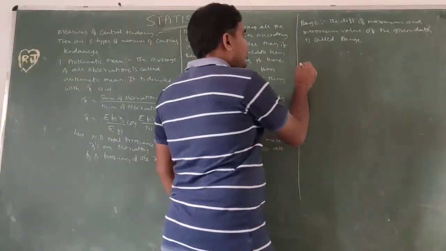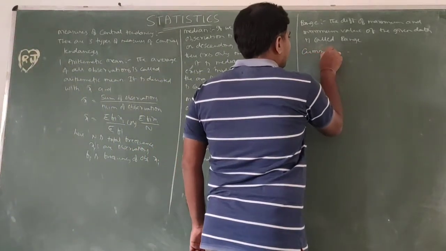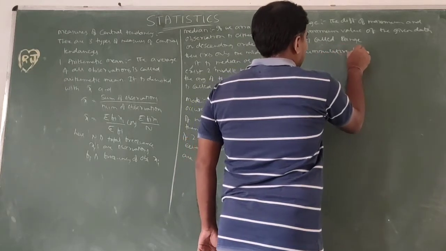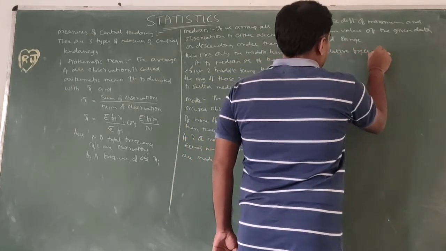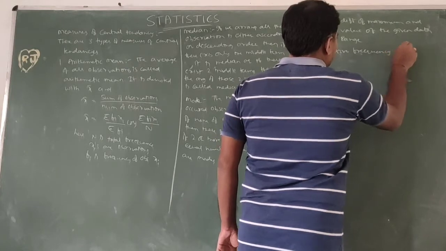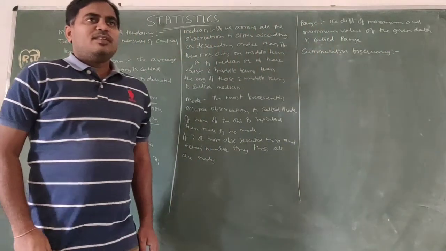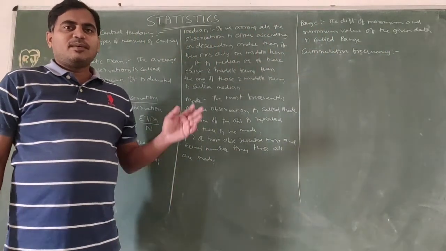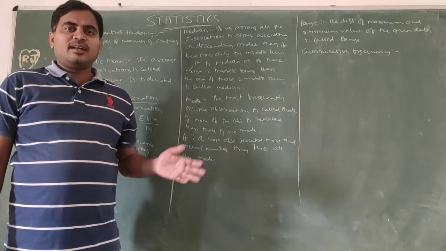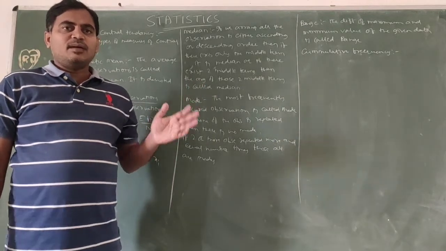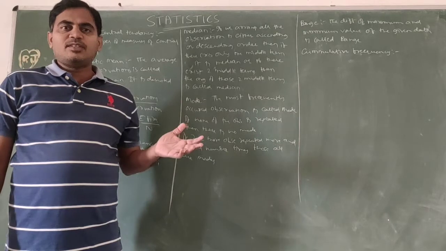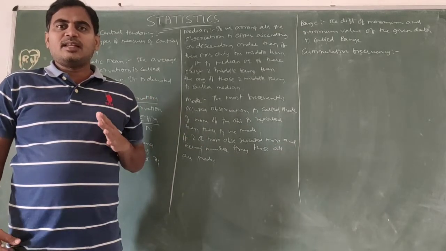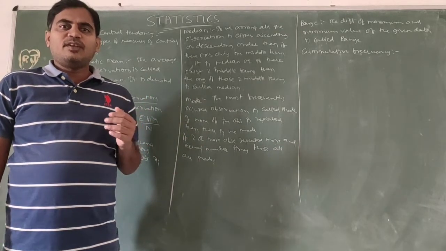Next, cumulative frequency. Cumulative frequency is nothing but, if we write the data in ascending order or descending order, the number of observations till that observation is called cumulative frequency.